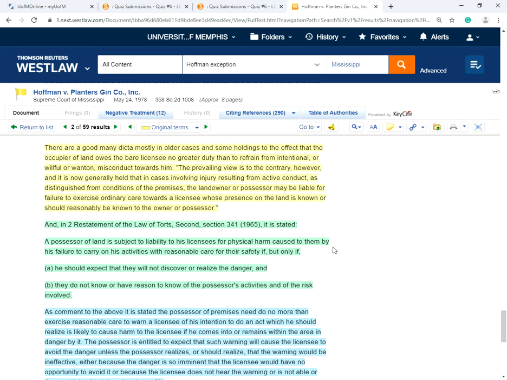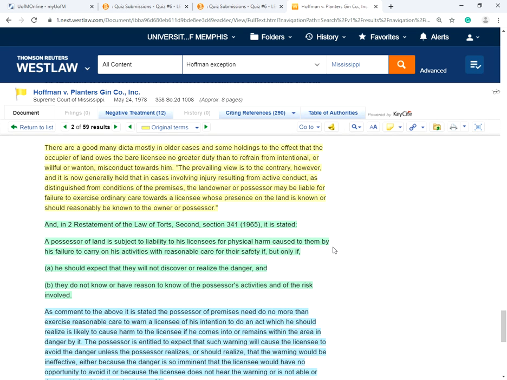And since this case specifically talked about a trespasser, a licensee, and an invitee on the property, what happened in this case is a 14-year-old child comes onto the owner's property and is subsequently injured by an auger in a gin while he's on the property.